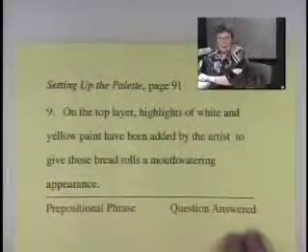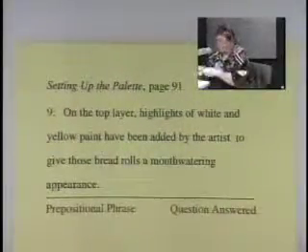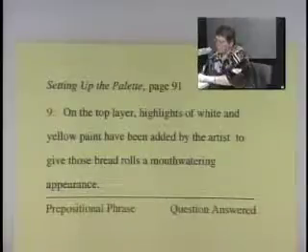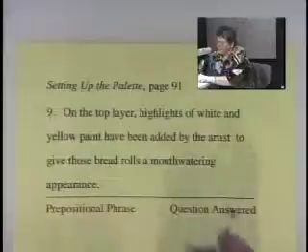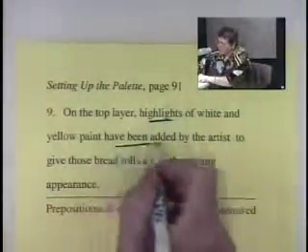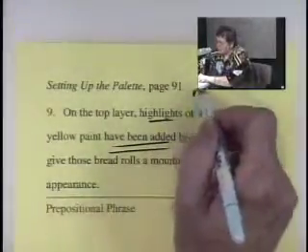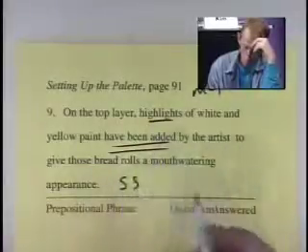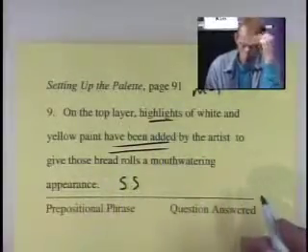All right, so we have a white layer, we have a red layer. Now look at this. On the top layer, highlights of white and yellow paint have been added by the artist to give those bread rolls a mouth-watering appearance. Scott, where's your subject? Highlights. And your verb? Have been added. And the kind of clause? Main. Kind of sentence? Simple. How about a prep phrase? On the top layer.